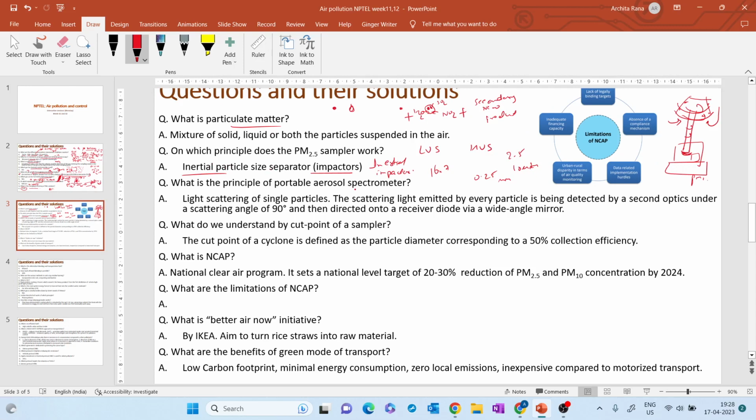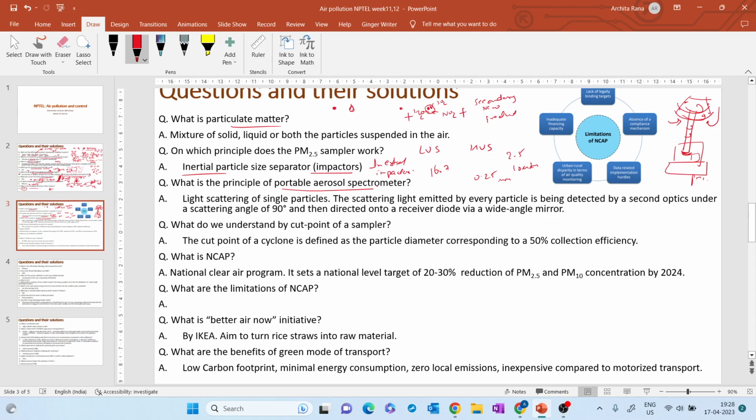Okay. Now next is the portable aerosol spectrometer. Sometimes you use it in the field. Generally, spectrometers are big instruments, so you cannot take them to the field or, let's say, to the rooftop or somewhere. So a portable aerosol spectrometer helps us measure these particles in a short time, and you can carry it in the field.